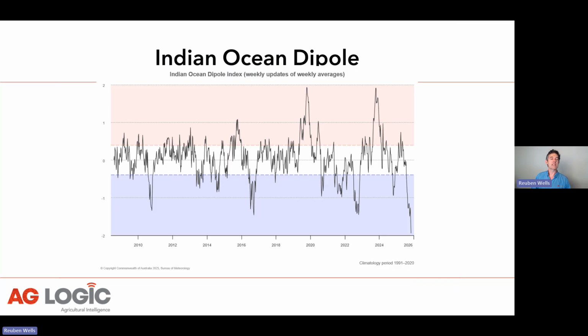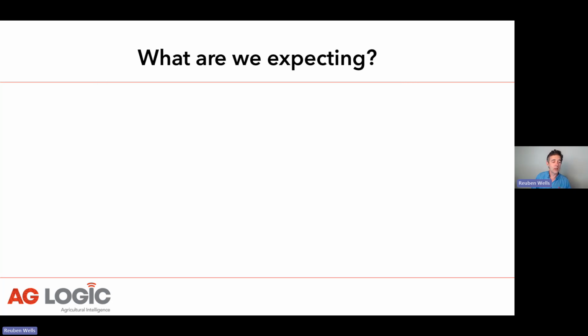And here's a graph just showing you that history of Indian Ocean dipole data, and you can see here we've just plunged. So that looks like a bit of a problem, but we can get some solace in that these systems don't last long. So what's coming up?